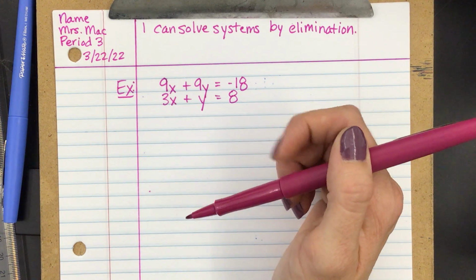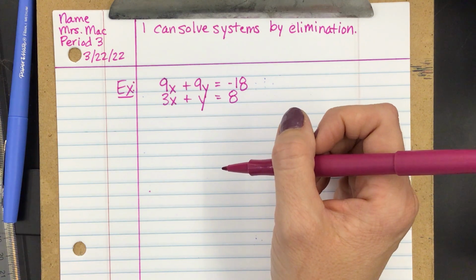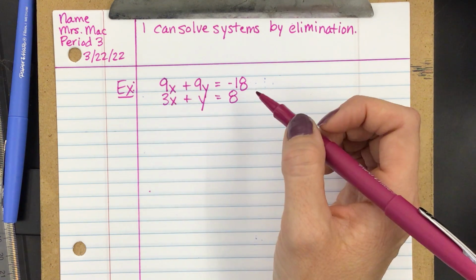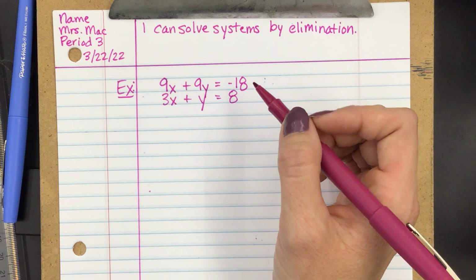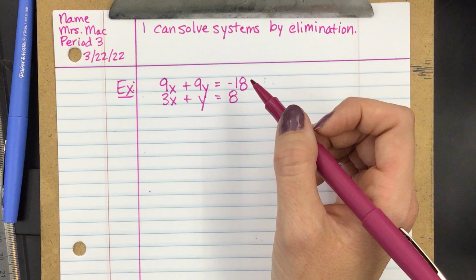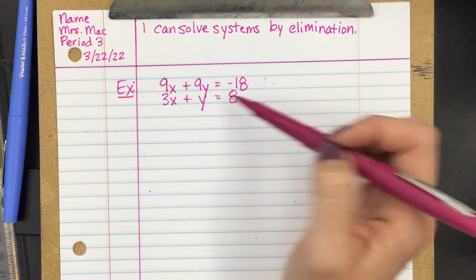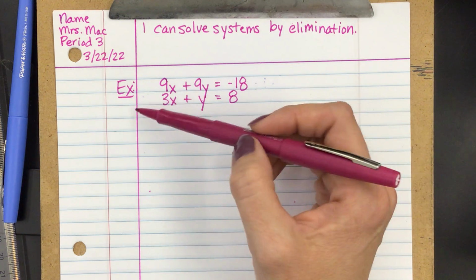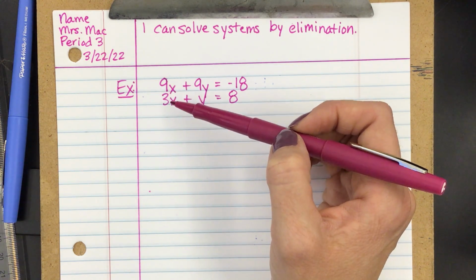But what we can do is multiply one or both of the equations, the whole equation, by a number, and modify it so that it's in a form that causes something to be eliminated. For example, if I multiply both sides of the bottom equation by negative 3, the coefficient of x would become negative 9.